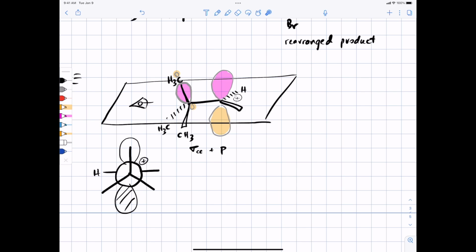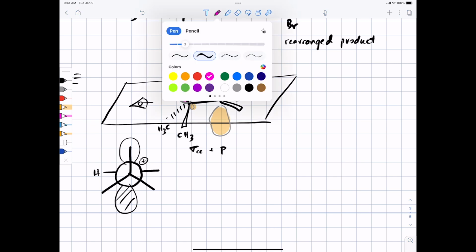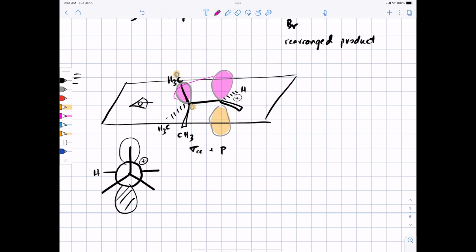Right, so imagine that as these electrons start delocalizing over this way, sometimes the methyl group starts to lean over too. If we were to actually draw what this orbital looks like, I would draw a pi-like orbital, or a pi lobe between the two, where you get continuous overlap.